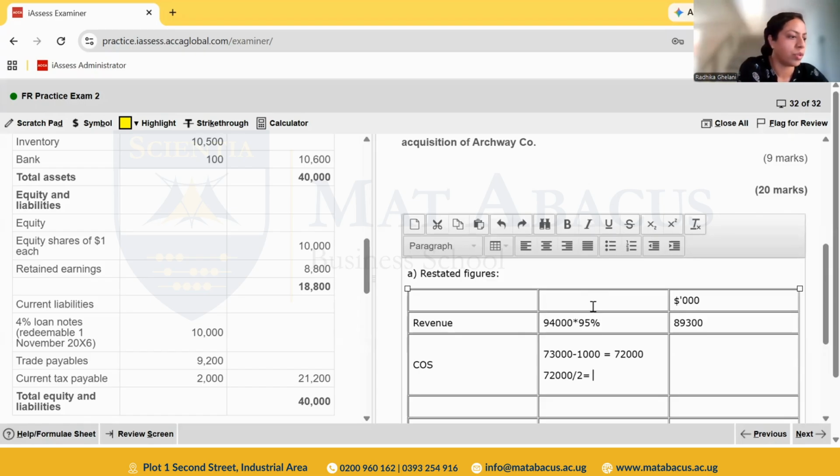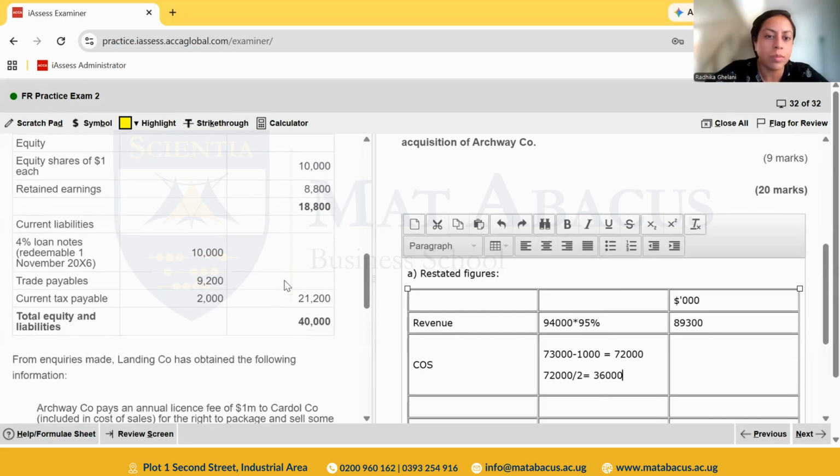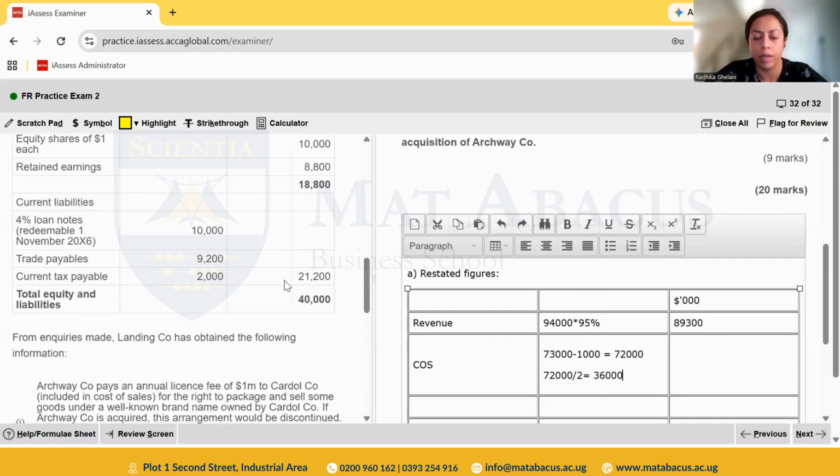What's 72 over 2? Unfortunately, we don't have a spreadsheet. That gives us 36,000. Okay, so 36,000 is currently at 90%. We want to increase it to the full cost price. So times 100 over 90 should give us how much? That is going to give us 40,000.